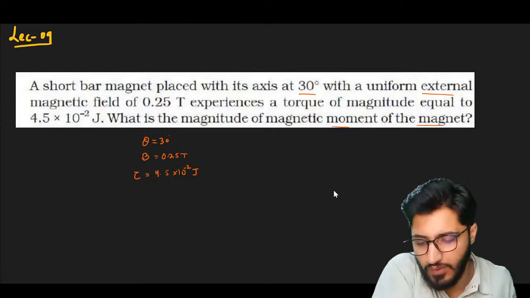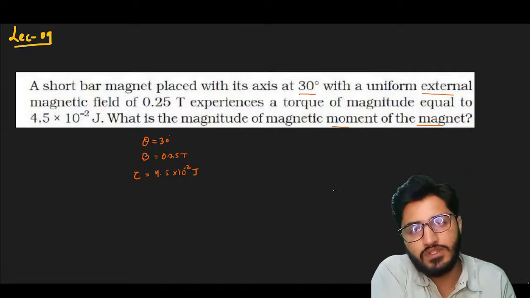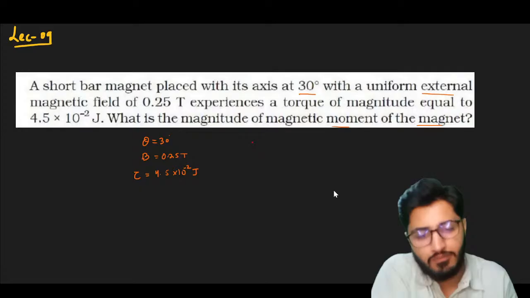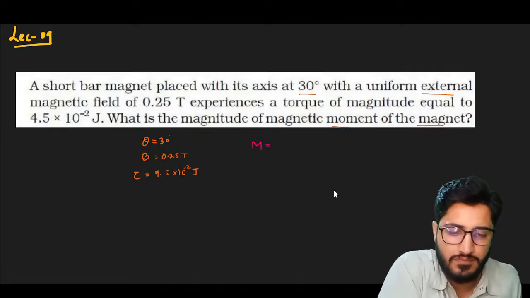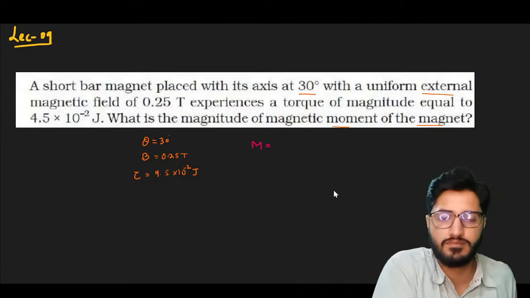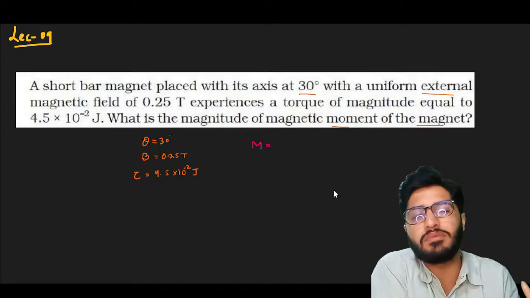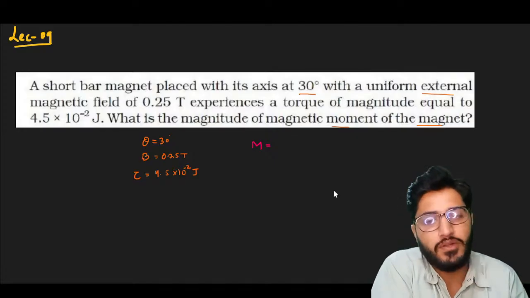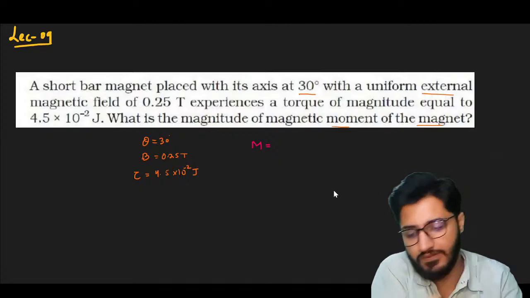So what we have to find out is the magnetic moment magnitude. What is the formula for magnetic moment? Any idea? If it is a bar magnet, I can use m into 2l, the length of it. But you can see here torque is given, B is given, theta is given.